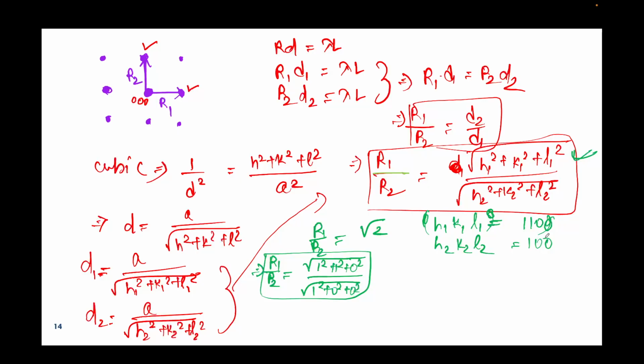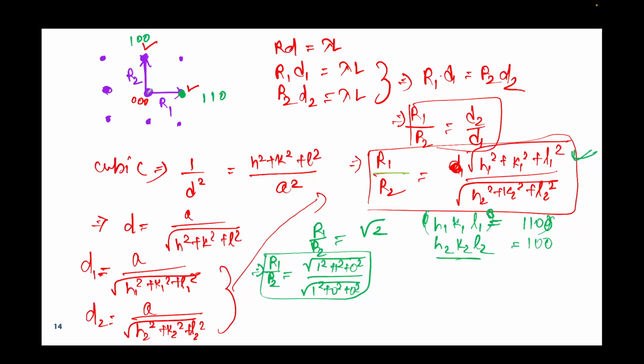That means the spot corresponding to 1 will be 1 1 0, and the spot corresponding to 2 will be 1 0 0, right?